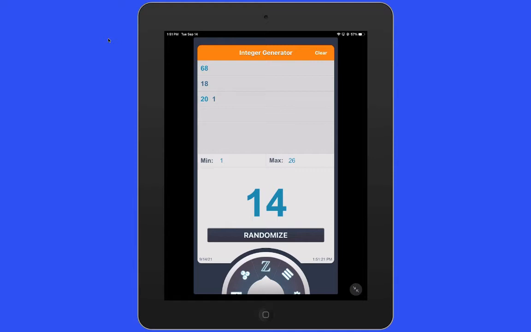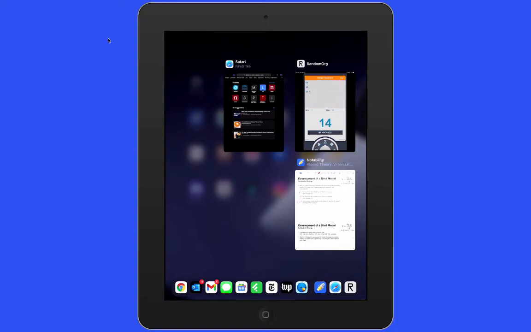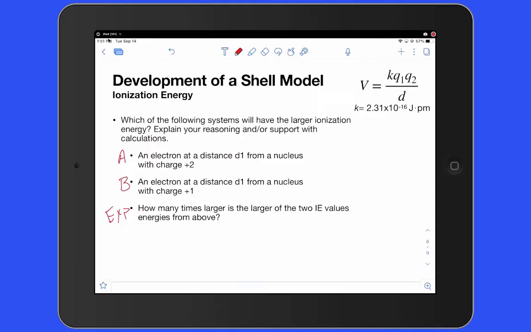It's B, and the attraction of B is 2 times larger than... Say it again? A. I think B has the greater ionization energy.